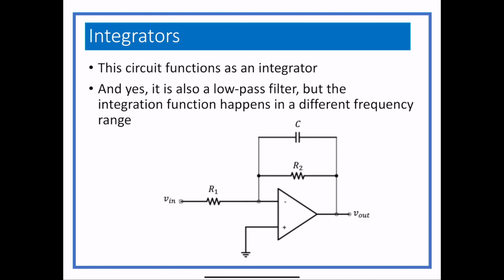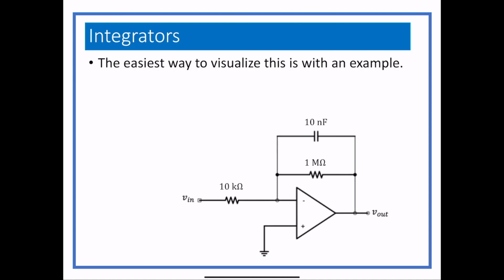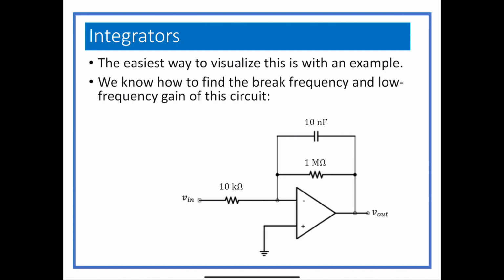So what ends up happening? If we look at an actual example, this is probably an easier way to visualize it than to try to explain all the details. This can be used as an active low-pass filter if you want, and we know how to find the break frequency and the low frequency gain, because we just did that.